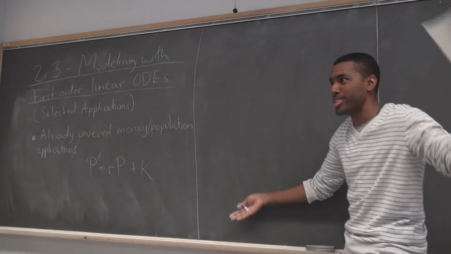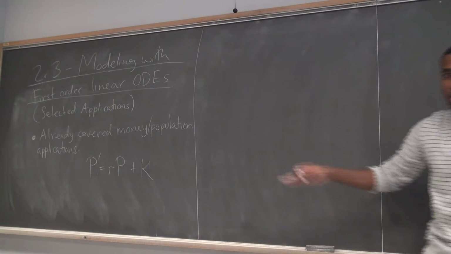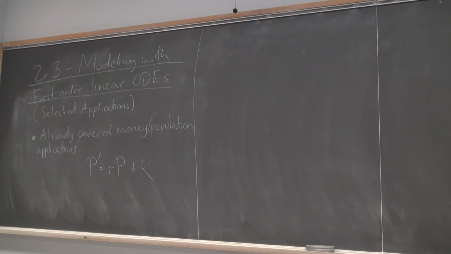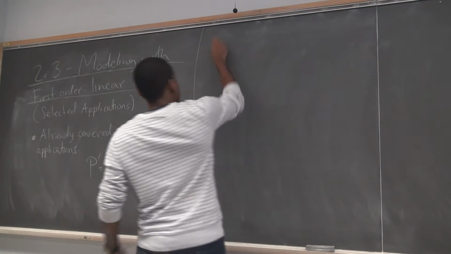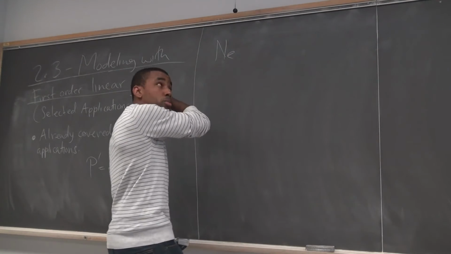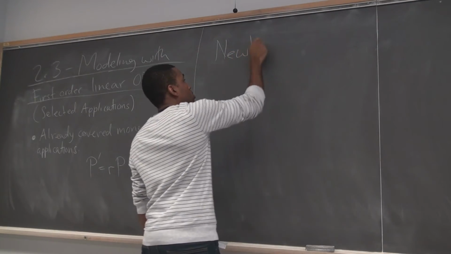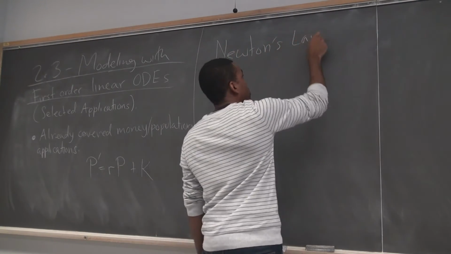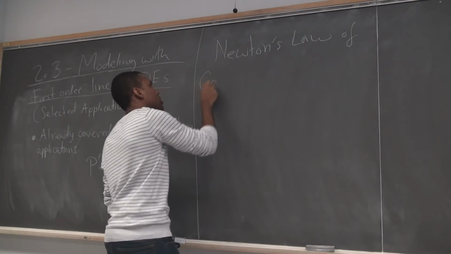I'm going to have to explain concentration in units and all that. Make sure you guys are on the same page when we move on. So instead, what I'll do is I'll do another very small application, and then we pick up with the mixture problems next time. Newton's law of cooling.